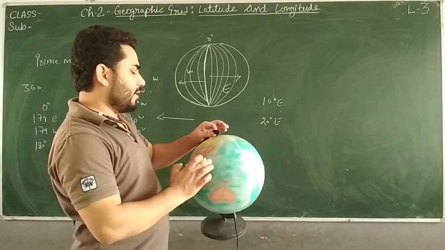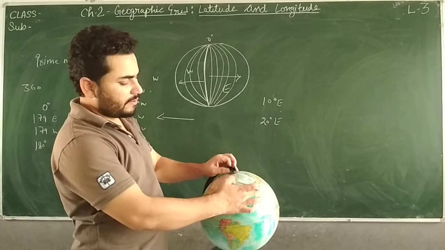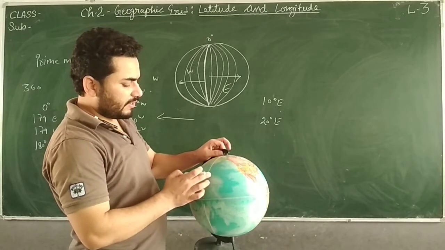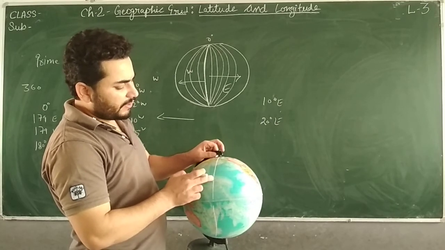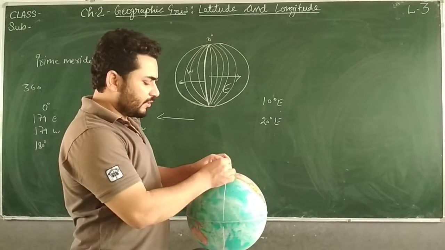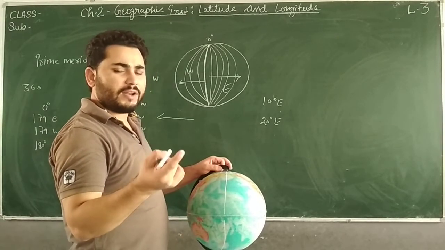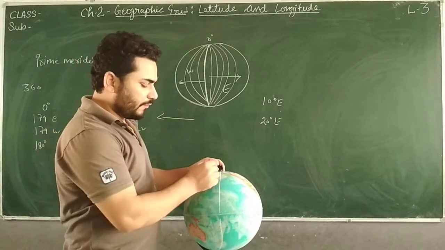Similarly from here, when you keep going towards the western hemisphere, 1, 2, 3, 4, 5, 6, 7, like this, 160, 170, 171, 172, 179 and then 180. So from both sides this one line will be counted. This is a singular line, 180 degree east and 180 degree west are both the same, so one line only.